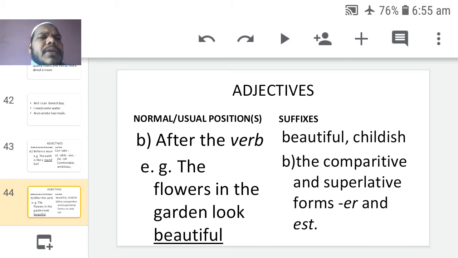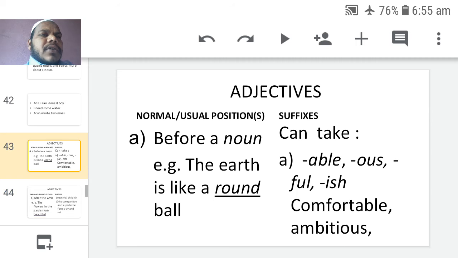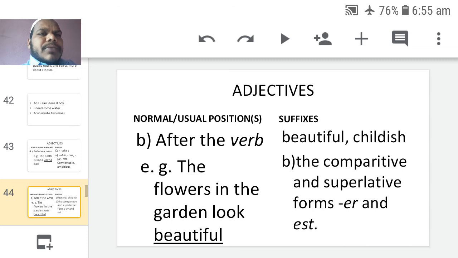Let's see an example: the flowers in the garden look beautiful. Look is a verb, and beautiful is an adjective. We have seen that adjectives take suffixes ful, able, ous, ish, and since it comes after a verb, we can conclude that the word beautiful is nothing but an adjective.